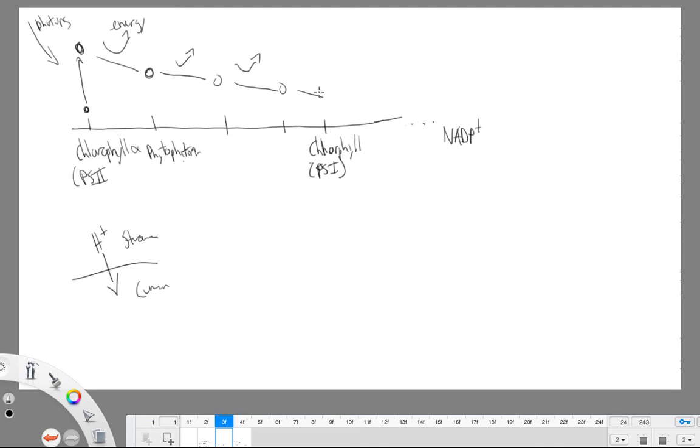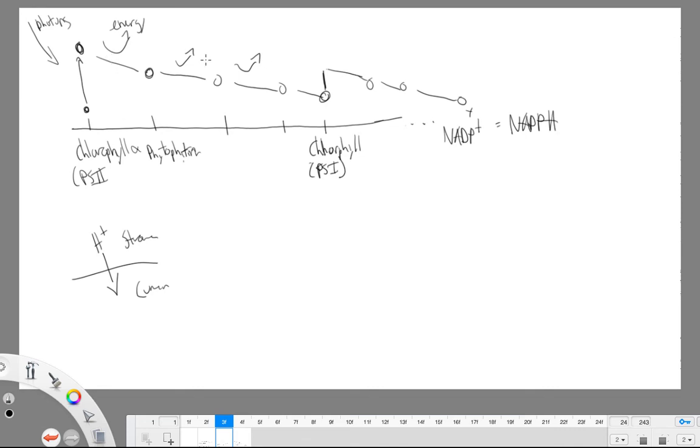It eventually gets into another chlorophyll here in photosystem 1, and it gets a little bit more energy, and then it continues to bounce along all the way until it gets to NADP+, and at NADP+, it combines with it to create NADPH.